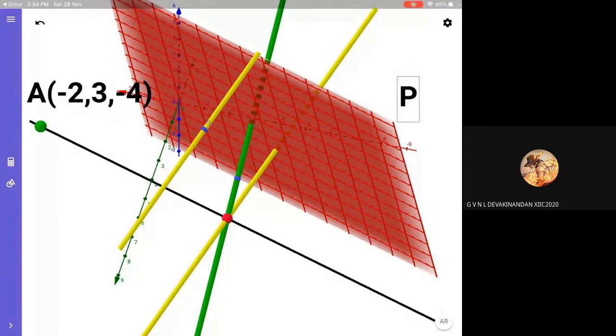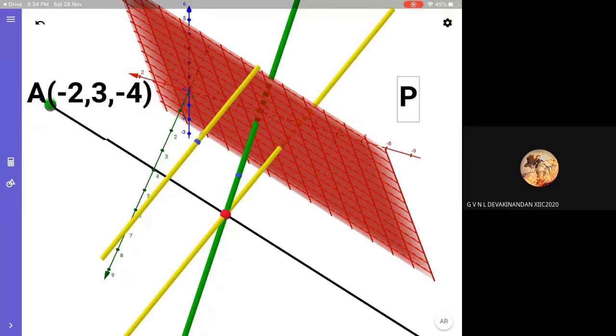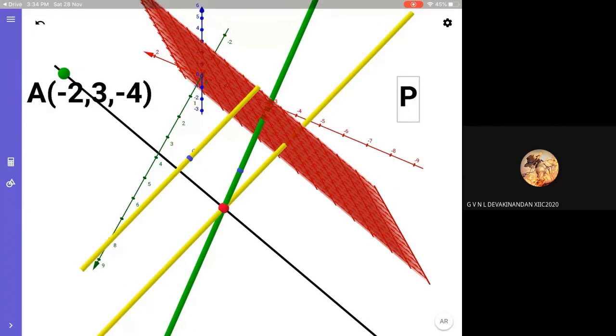Now the question is, find the distance of the point A from the line measured parallel to the plane. You can see one black color line. The black color line is a line which is parallel to the plane. You can visualize it. This black line is parallel to the plane. And you have to find out the distance of A from the green color line, measured parallel.